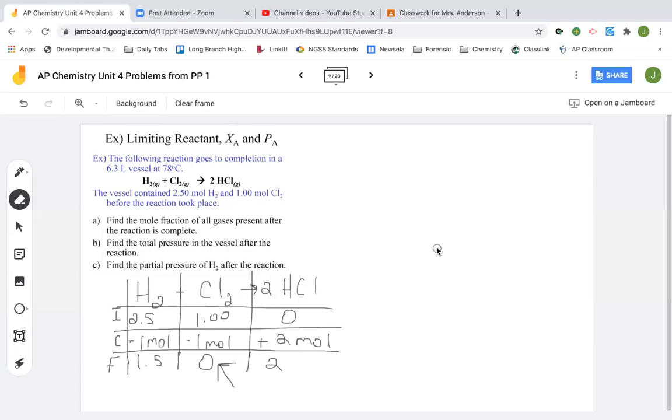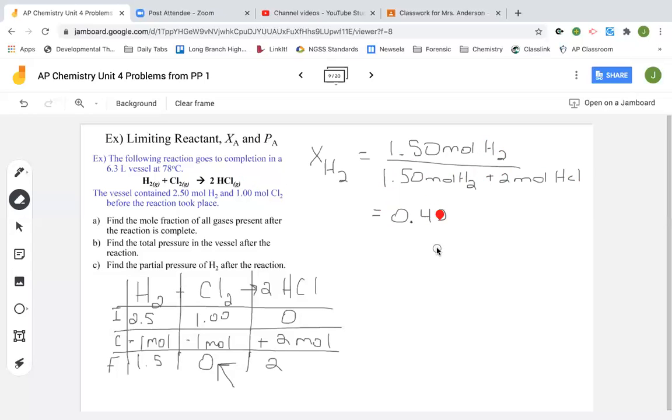To find the mole fraction for hydrogen, we set up our problem: 1.50 mole of H2 over the total, which is 1.5 mole plus 2 mole of HCl. Our answer is 0.429.